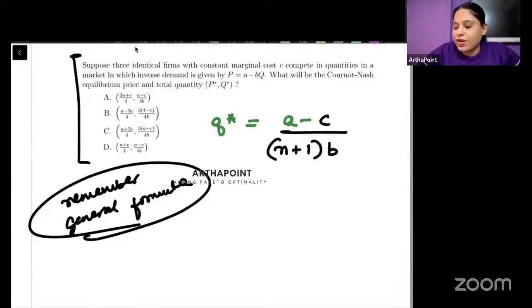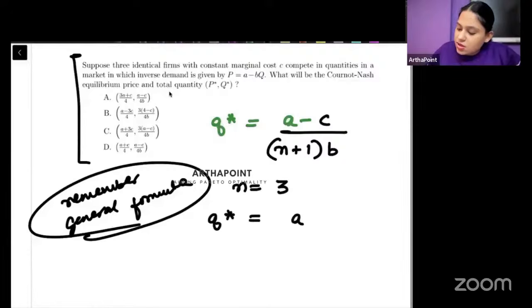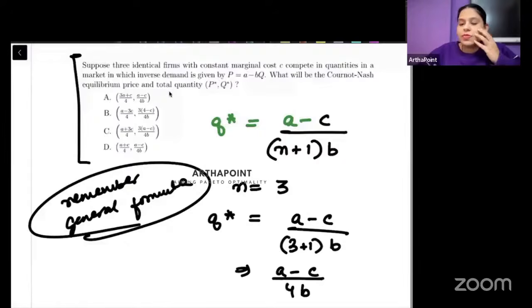A minus C upon N plus 1 B. The number of firms is 3. So each firm will produce A minus C upon 3 plus 1 B, which is A minus C upon 4B.